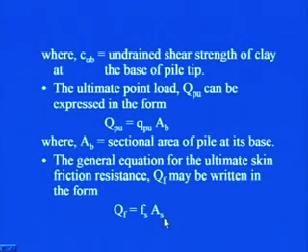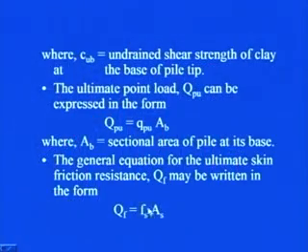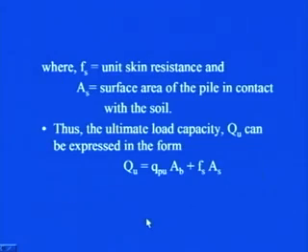Now, what is that area on which this skin friction is getting mobilized? As we have seen in the last class, the skin friction gets mobilized along the pile shaft. So, the surface area of the pile shaft is the area on which this f_s, that is the unit skin friction resistance, acts.